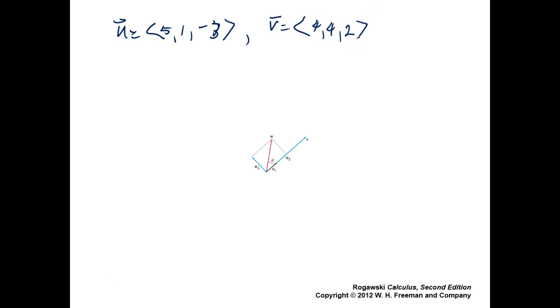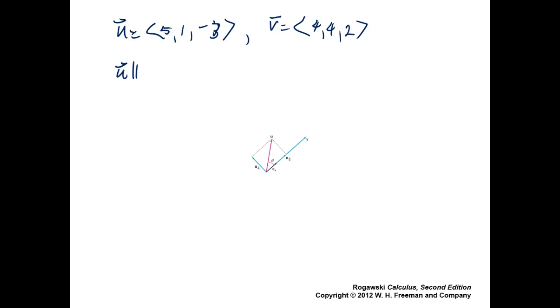Now, find the projection of U. What we're looking for is what they've been calling U parallel. They probably should be subscripted a little bit, but I just wrote it poorly. How would you do this?